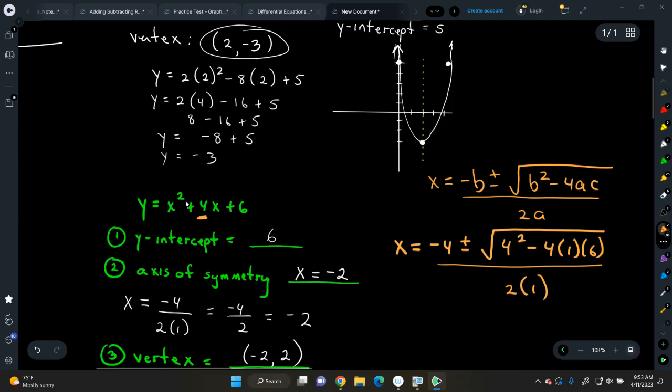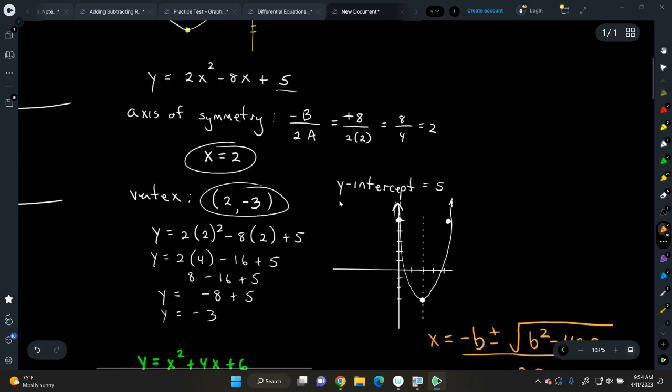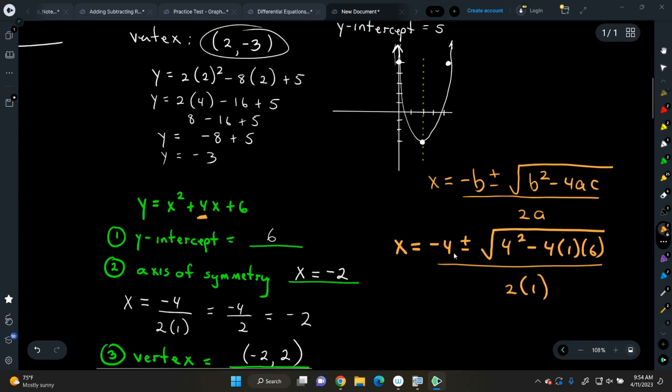The quadratic formula is negative b, so b is 4, so it's negative 4. For 4ac, it's 4 times a, and a is 1, times c, and c is 6. If that was a 2, then it would be 4 times 2 times 6. Okay?